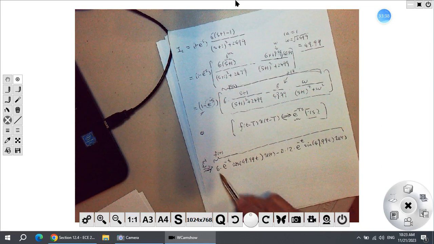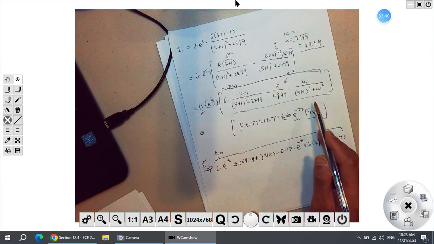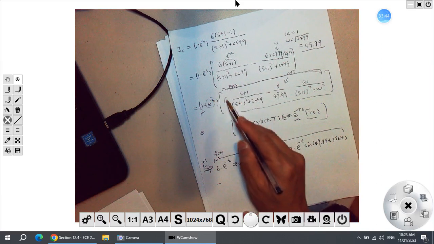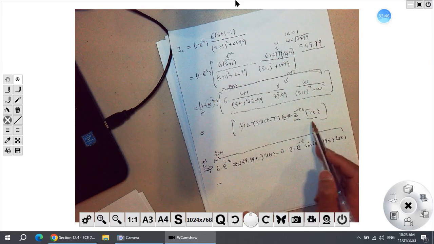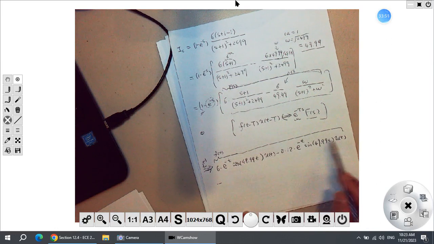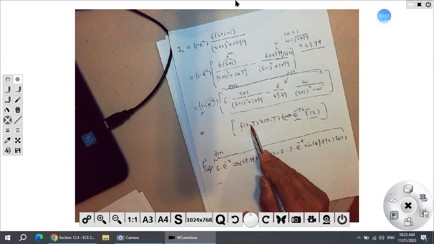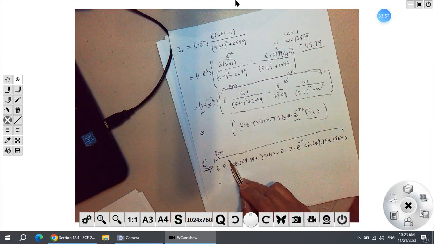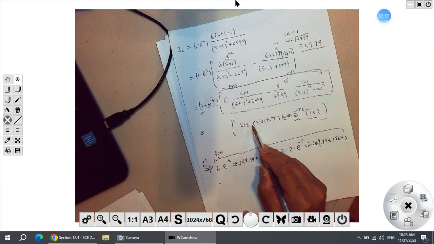Okay, I have f(t). The minus e to the negative sT times capital F. Now capital F we obtain the lowercase f we have, right? So lowercase f of t minus T times u of t minus T. So we will change all the t by t minus capital T, that is t minus 1.